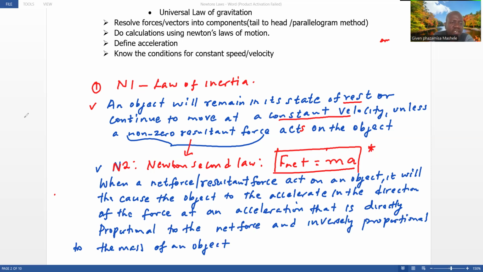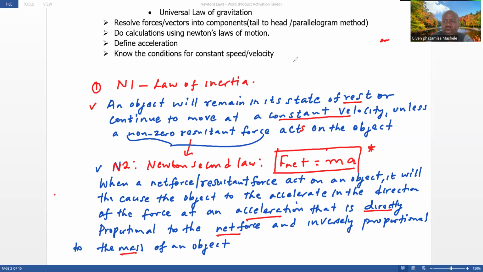So what does this law say? It says acceleration and the net force are directly proportional, but the acceleration and the mass are inversely proportional. So what does this mean?